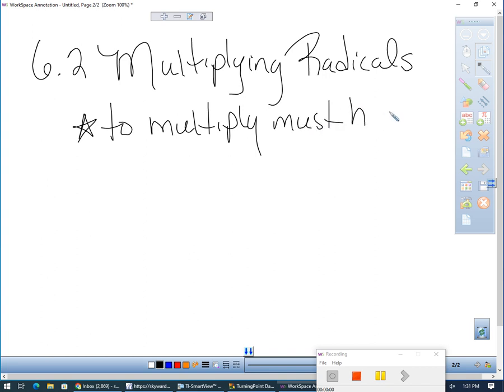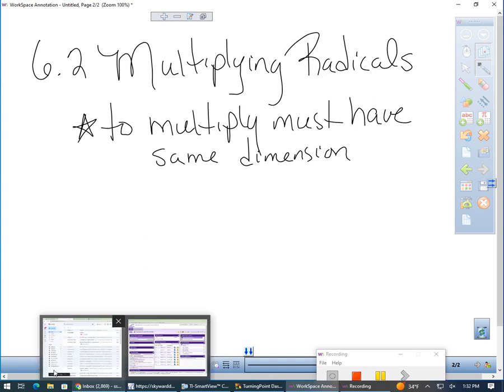So I cannot yet multiply a square root times a cube root. They have to have the same dimension. I can only multiply a square root times a square root, or a cube root times a cube root, or a fourth root times a fourth root. Okay?